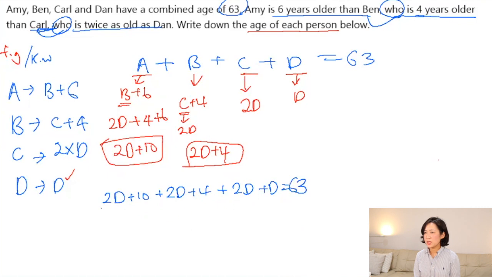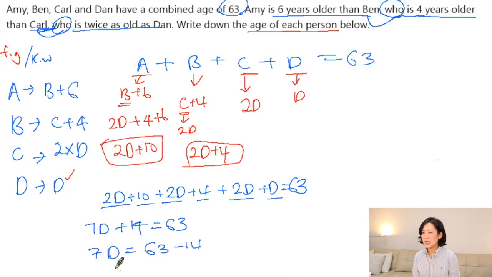Then when you put all of these together, that is 7D plus 14 is 63. 63 take away 14 gives you 49. Then 7D is 49, divide by 7, and D is 7.